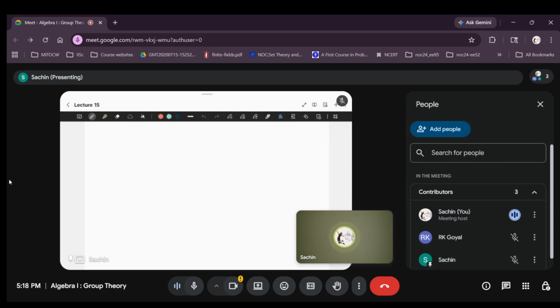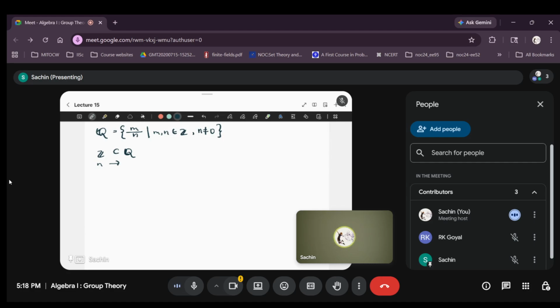And one field we saw was the field of rational numbers, which is the set of all numbers of the form m by n, where m and n are integers, and n is not the zero element. Here you can see that Z is not a field, but it is contained in the set of rational numbers.